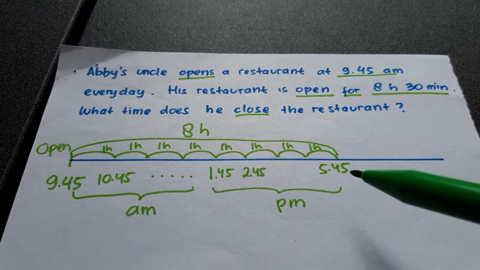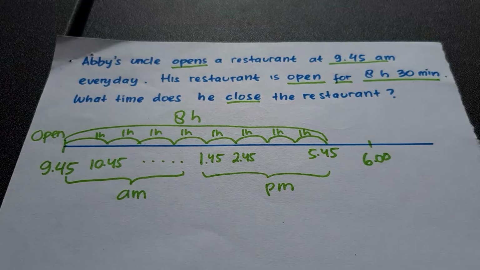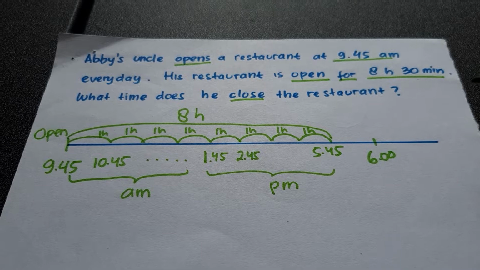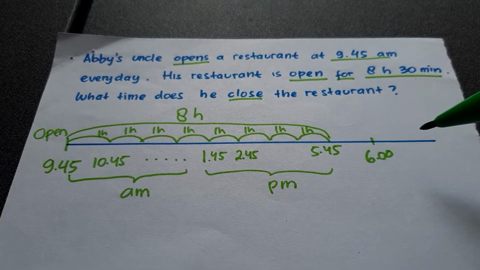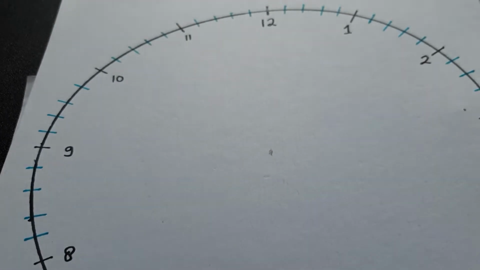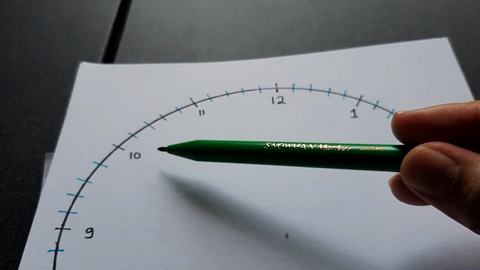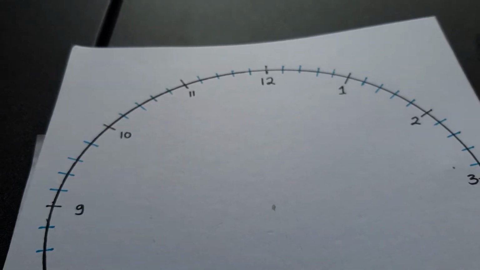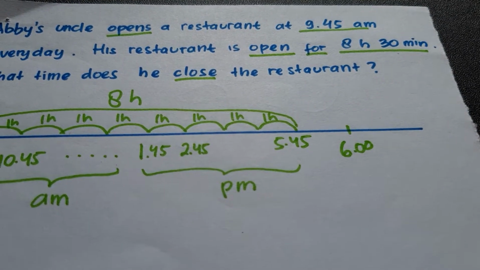So we have to go to the next hour after 5. What is it? 6. So 5:45 to 6 o'clock, how many minutes is it? Yes, if we look at it here, 45 to 6 means 5, 10, 15. So it means 15 minutes from 5:45 to 6 o'clock.